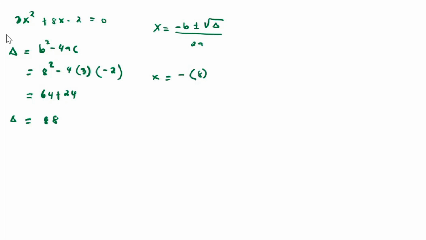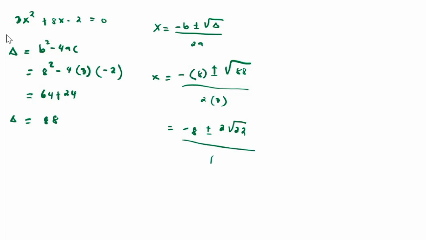So we have now the negative of b, which is the negative of 8, plus and minus the square root of delta, which is now 88, all over 2 times 3. So simplifying that one, we have negative 8 plus and minus. What is the simplification for the square root of 88? It gives you now the answer of 2 times the square root of 22 all over 6.